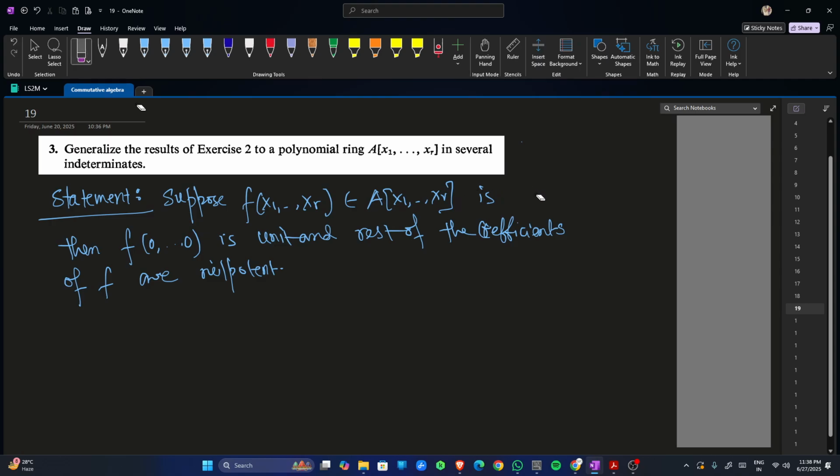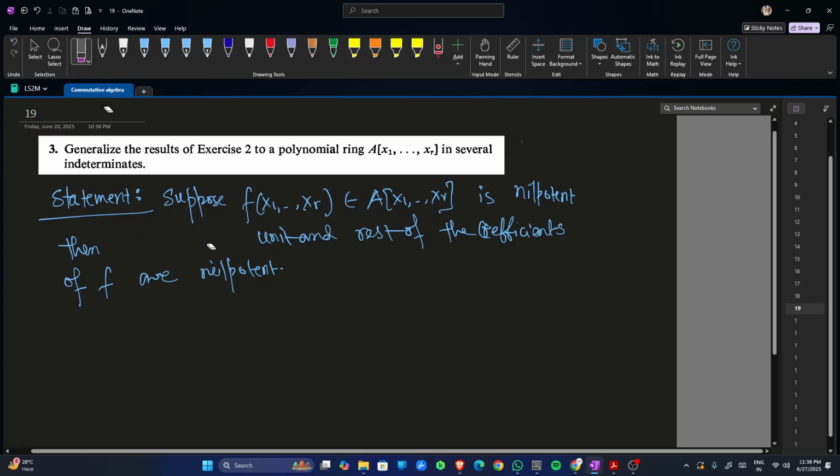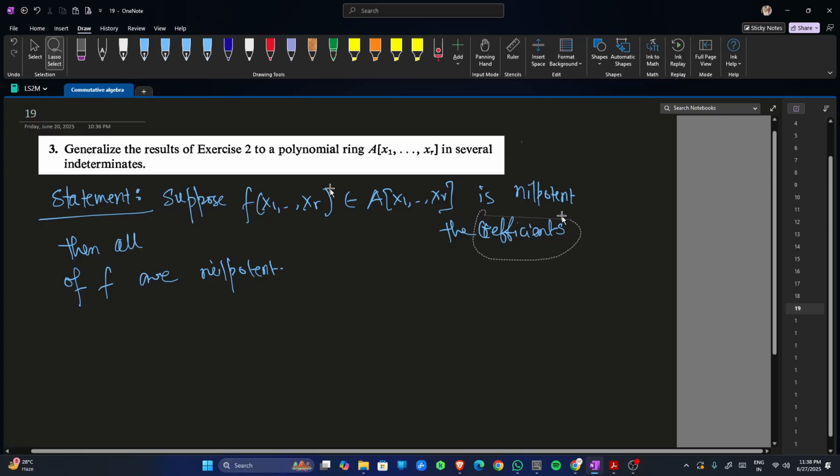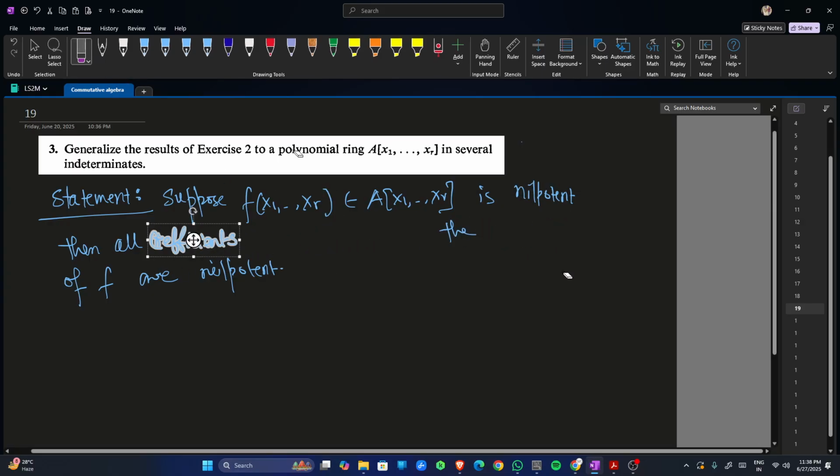Suppose f is nilpotent. Then all coefficients of f are nilpotent.